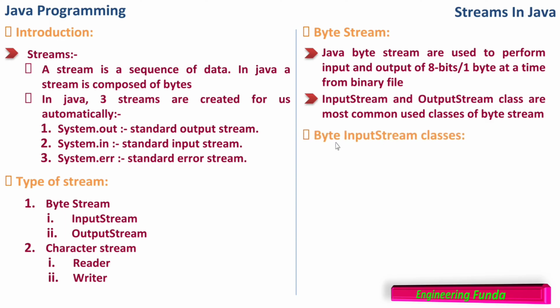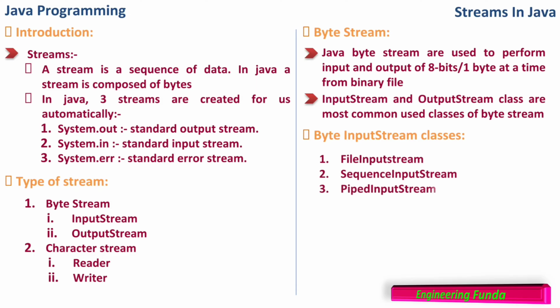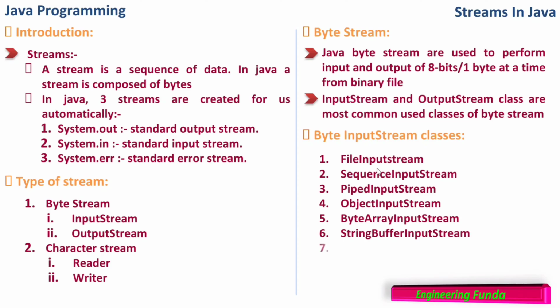Let us now list down the byte input stream classes. So there are several byte input stream classes. Let us first see the list and then we will see the description of these classes one at a time.